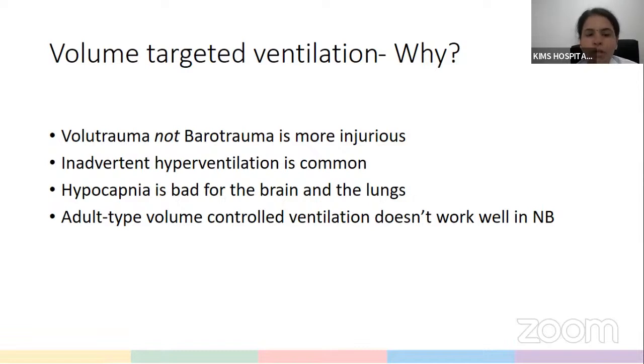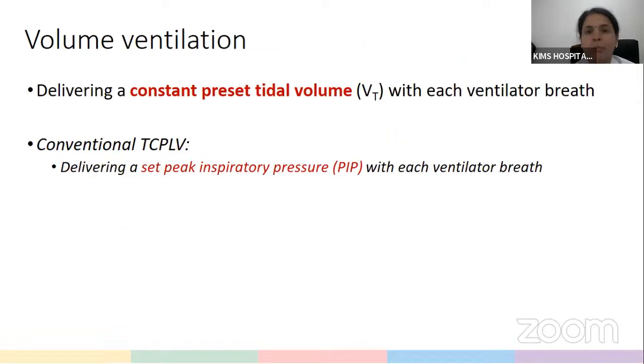And when we control volume, we also avoid inadvertent hyperventilation and hypocapnia, which is damaging to the baby's brain in the form of PVL and to the lungs in the form of increasing the risk of BPD. And this comes with the limitation that the typical adult form of volume control ventilation doesn't work well with newborns because of the limitations in the microprocessor technology, which make assessment or measurement of the small tidal volumes very challenging.